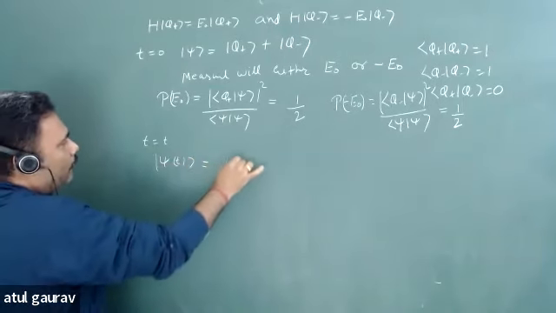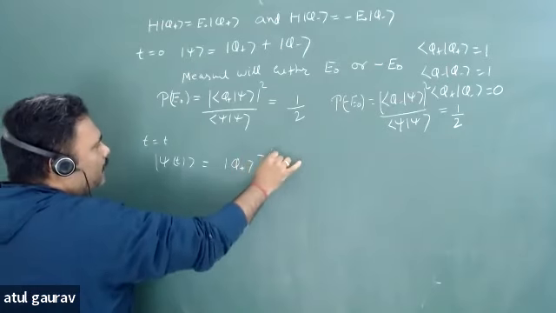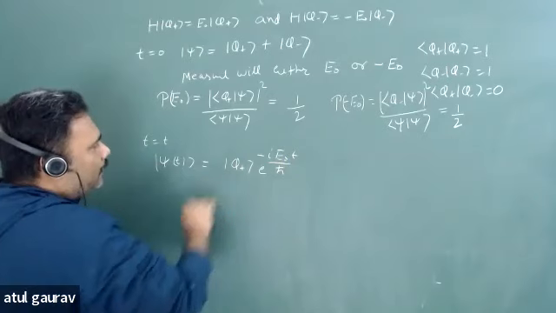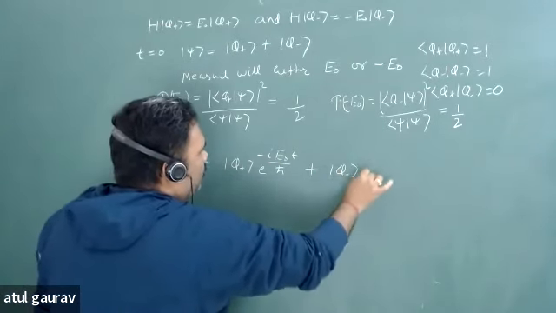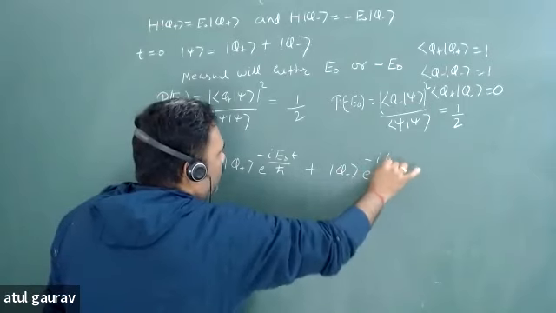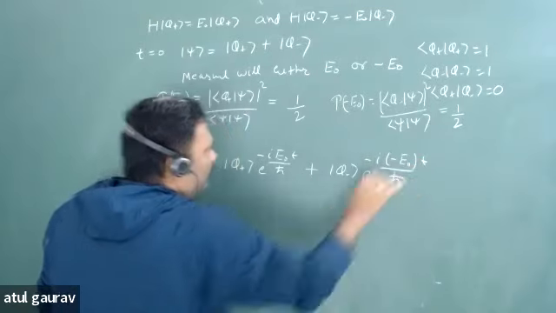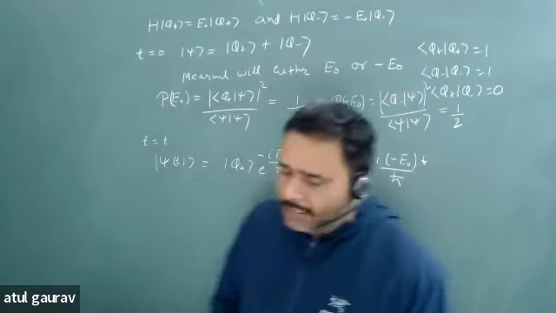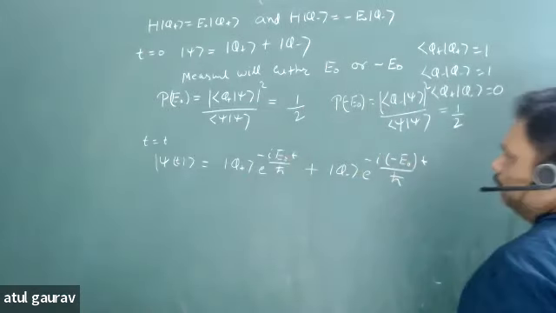That should be phi plus e to the power minus i E naught t upon h cut, plus phi minus e to the power minus i minus E naught t upon h cut. This is just the time evolution of a state after time t, and you can see this phase factor will come into the picture.